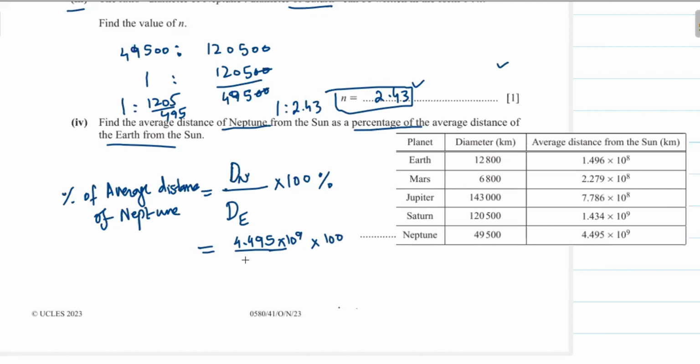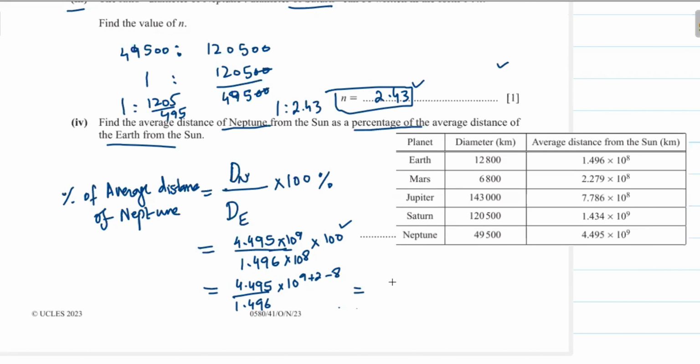divided by the distance of Earth, which is 1.496 multiply 10 power 8, and this will be equal to 4.495 over 1.496 multiply 10 power 9. This is 10 power 2 plus 2, and this is 10 power minus 8 when we shift from denominator to numerator.